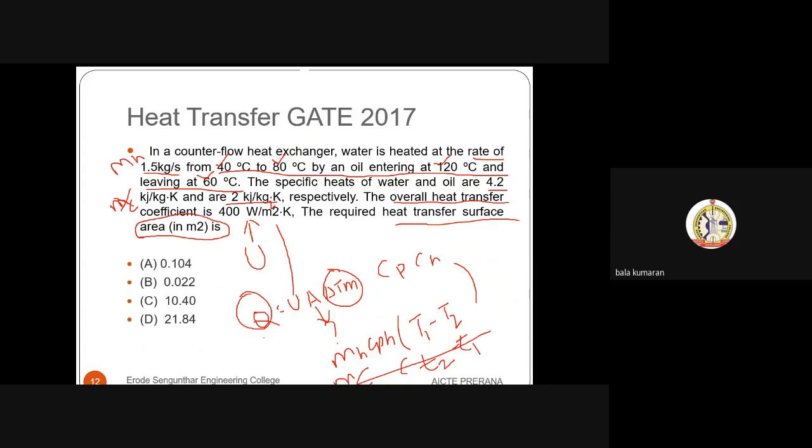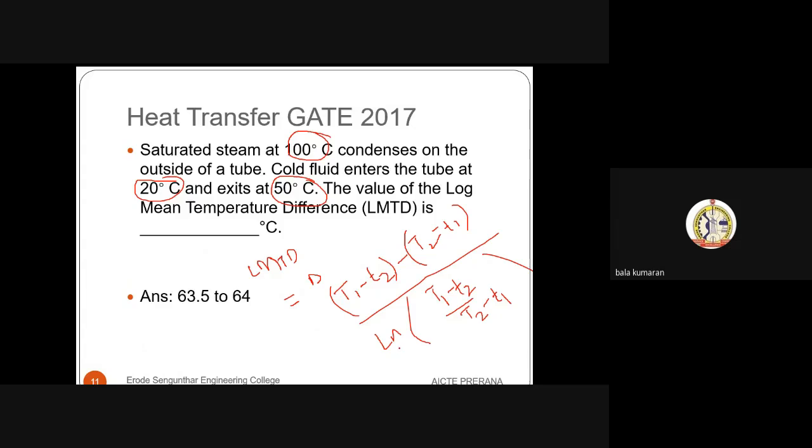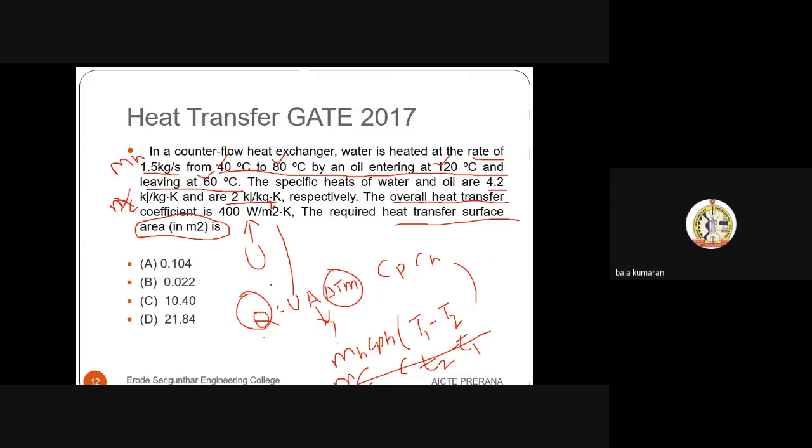As we saw in the previous one, del Tm is capital T1 minus small t1 minus bracket open capital T2 minus small t2, divided by ln of capital T1 minus small t1 divided by capital T2 minus small t2. If we know Q and del Tm, we can find the area.